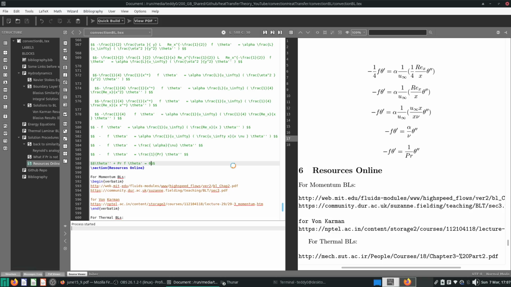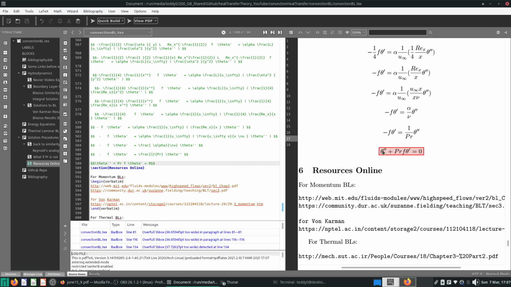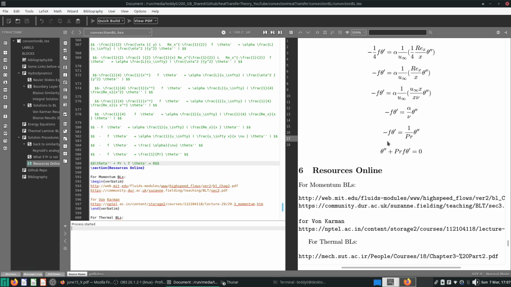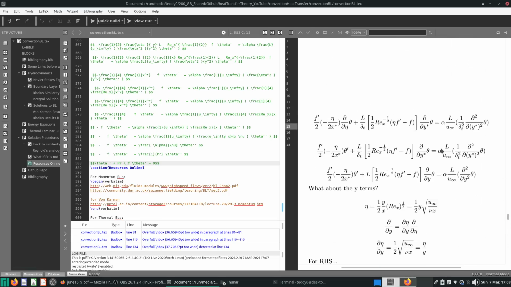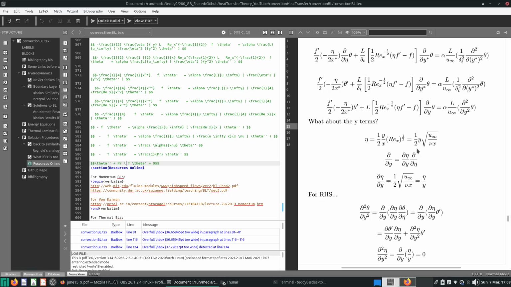Now we have a similarity solution, at least the ODE, and this ODE is pretty easy to solve because it's actually linear and homogeneous. You can just separate variables and your job will be done. In other textbooks you may notice that there's a factor of half in front. It is different because of the way you define eta. I define eta with a half in front because this is the way Blasius did it, so I just copy and paste.